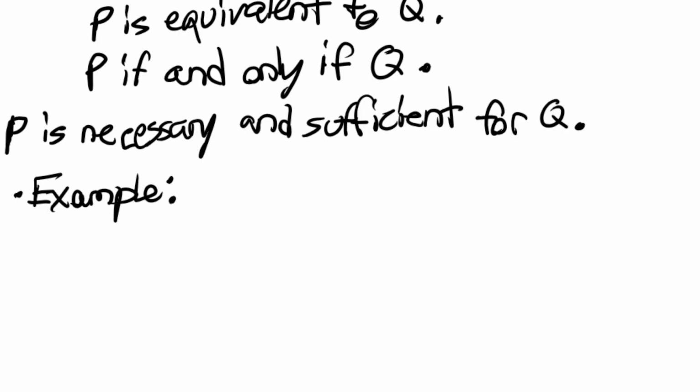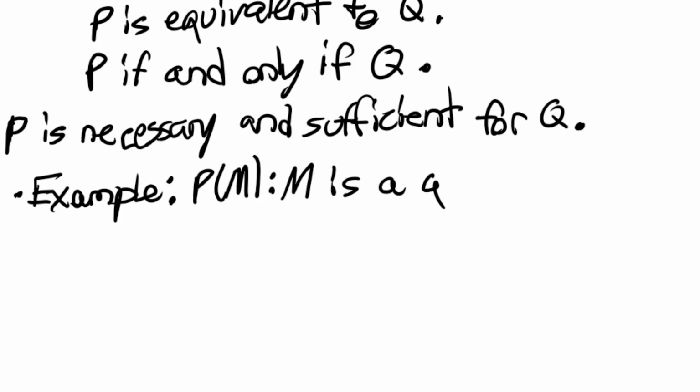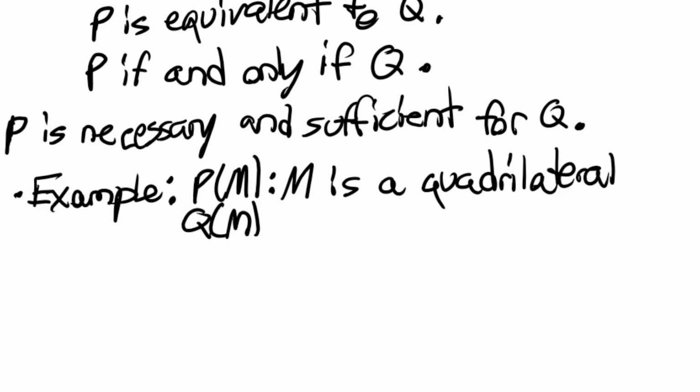Of a biconditional. So let's say we're given two statements, P of M, where M is a quadrilateral, and Q of M, M is a circle.